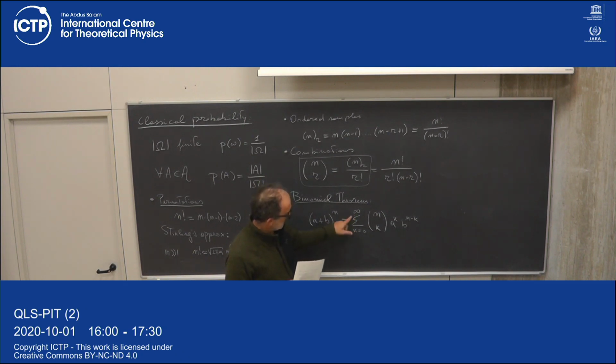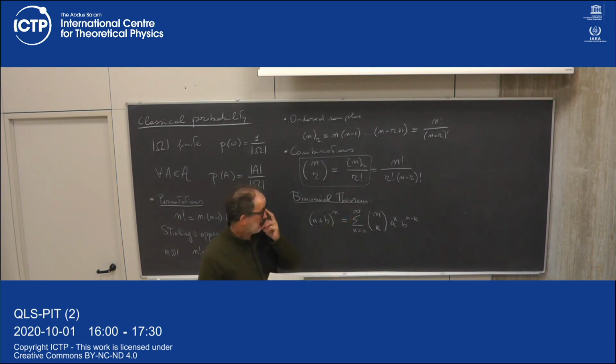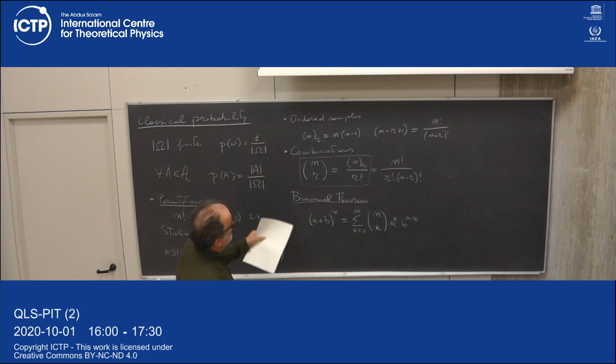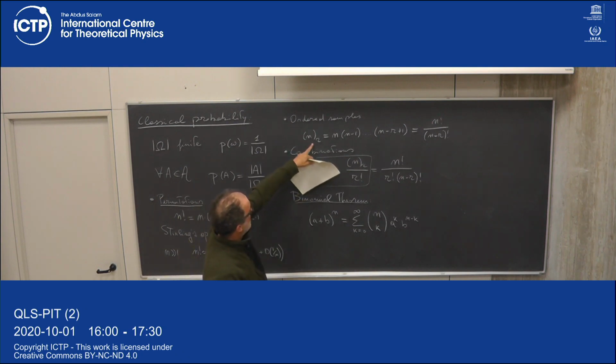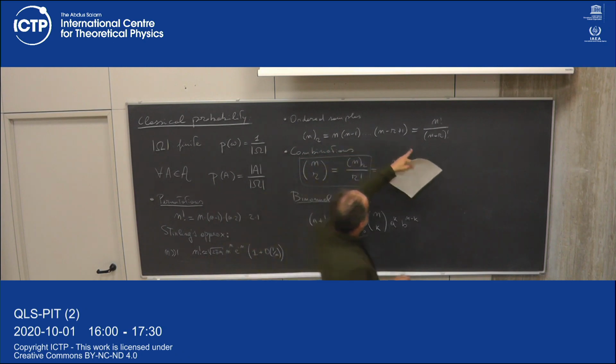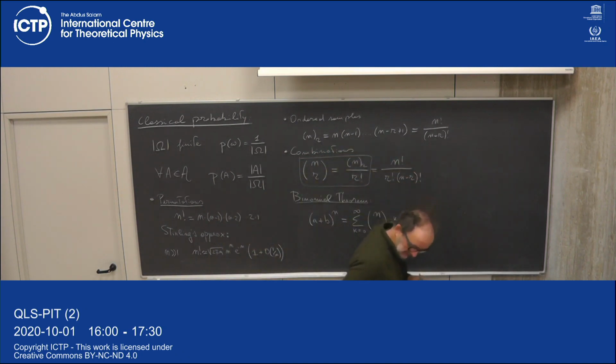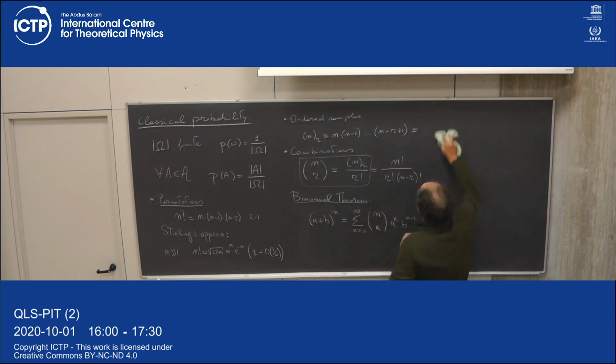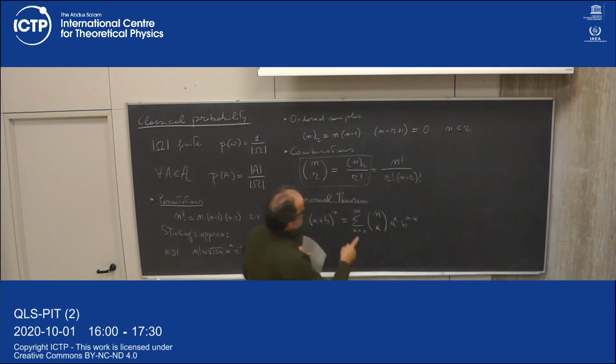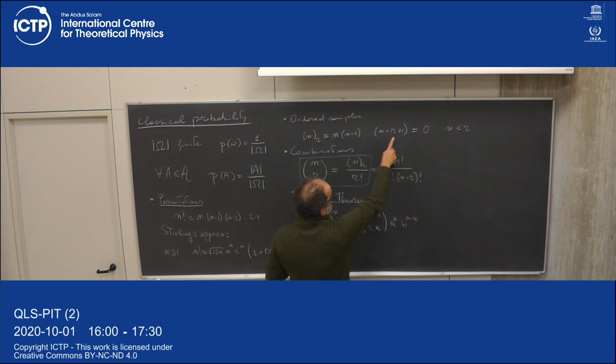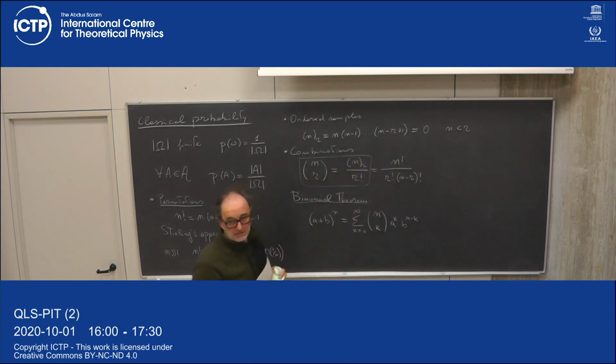The reason why I'm extending this sum to infinity is because if you take this expression of n choose r, you see that when n is an integer and r is an integer, then this coefficient will actually be equal to 0 whenever n is less than r. Because if n is less than r, one of these factors will exactly be equal to 0, and then the whole product will be equal to 0.